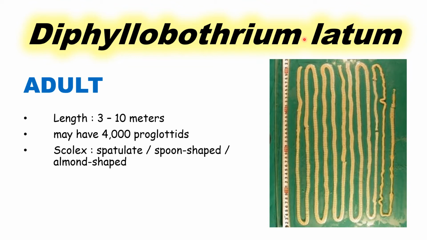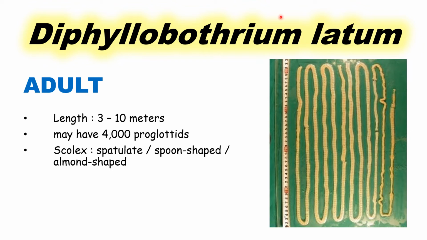The neck of the adult stage of D. latum is long, attenuated, and followed by immature proglottids. The neck is unsegmented, and take note, it is longer than its head. So it has a long-neck appearance.